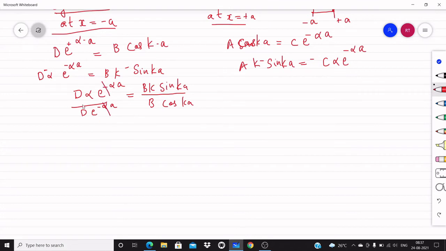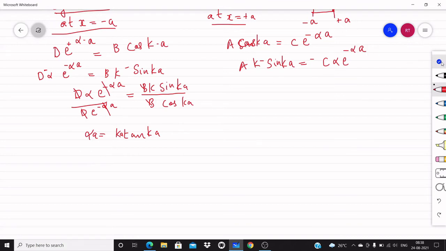Alpha will be the only remaining term, and here also b will be cancelled. So alpha is equal to k tan ka. If you multiply both sides by a, you have alpha a is equal to ka tan ka. Okay, so this is the case of a symmetric wave function.